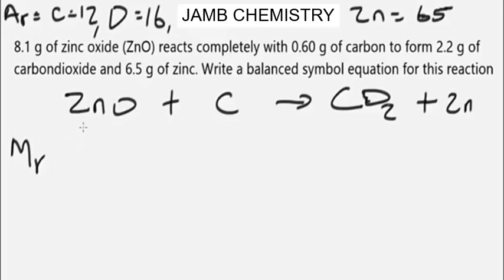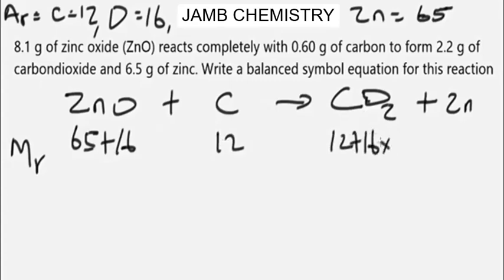To do this, we add the relative atomic masses of the atoms. For zinc oxide, zinc gives us 65 plus oxygen 16. For carbon, it is 12. For carbon dioxide, we have one atom of carbon, so 12 plus 16 times 2.